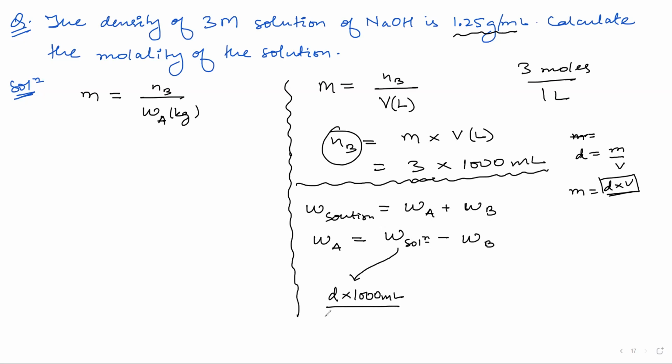We can write mass of solution as density into volume. The density is given, whatever the density is. The volume that we have taken is 1000 ml, right? Any doubt?